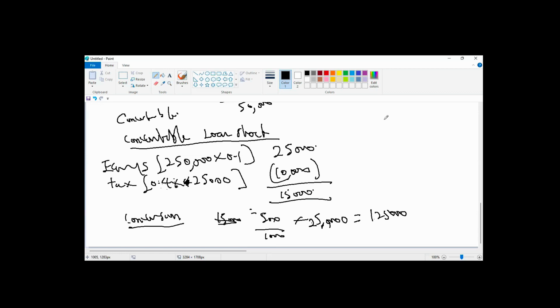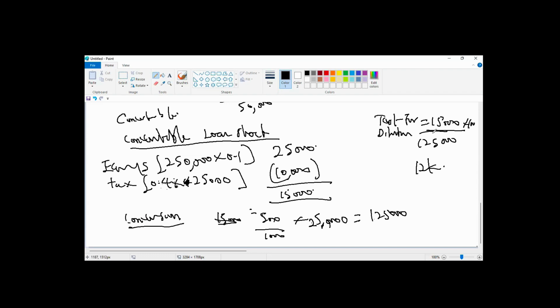I can test for dilution by saying 15,000 over 125, what is the answer? 12 times 100 is 12.